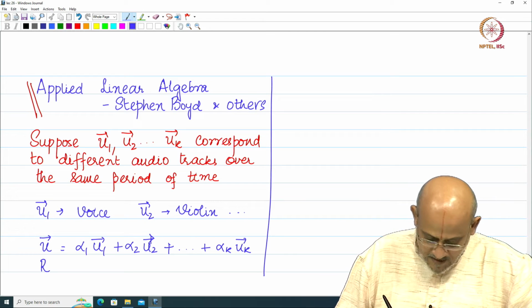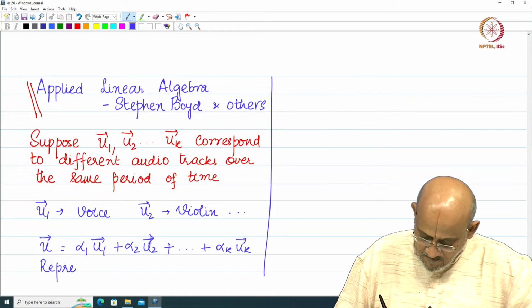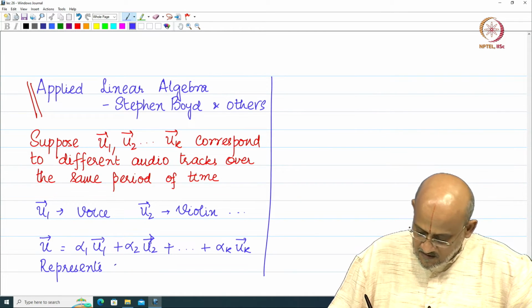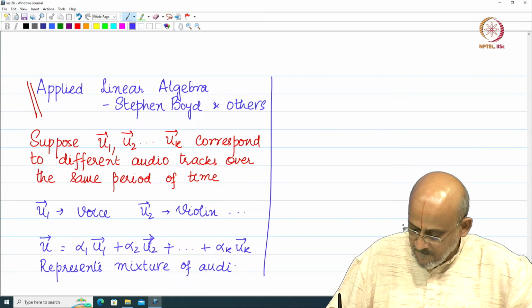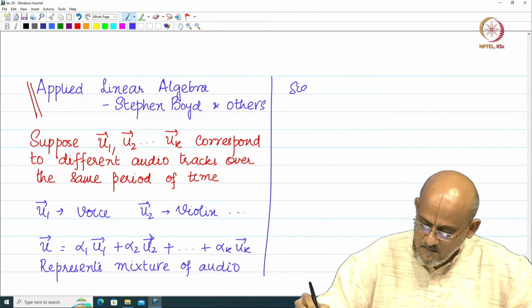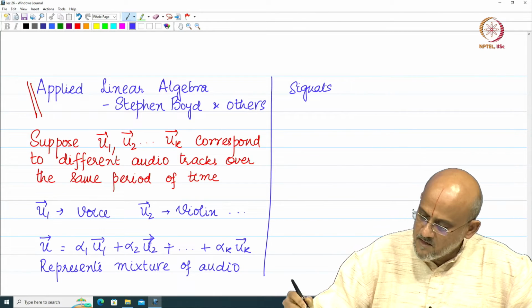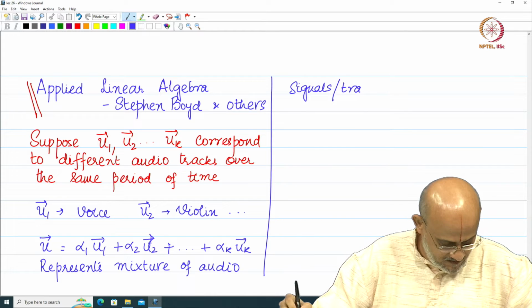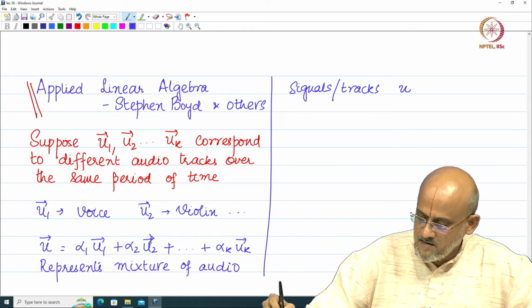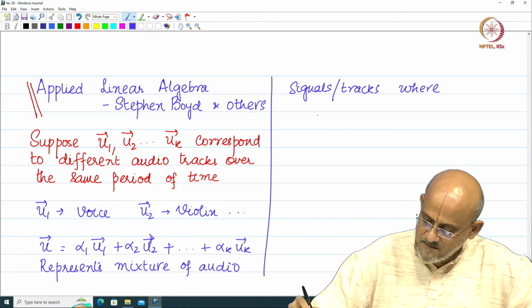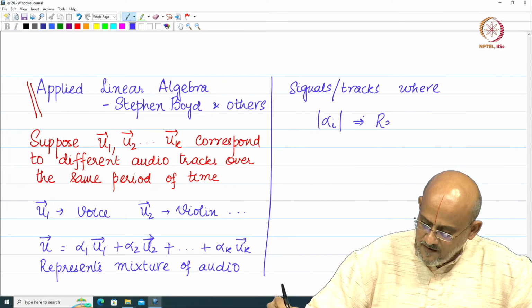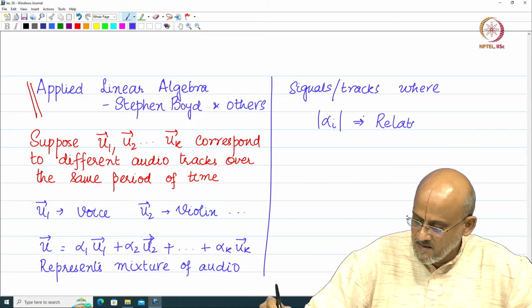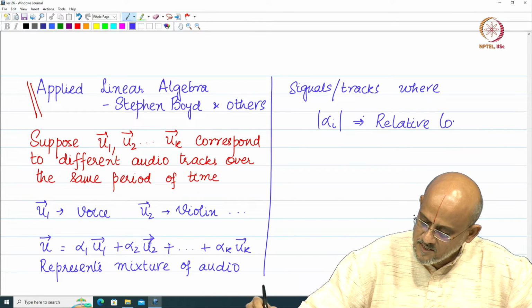This represents a mixture of audio signals or audio tracks, where the alpha i's correspond to the relative loudness for each of the tracks.